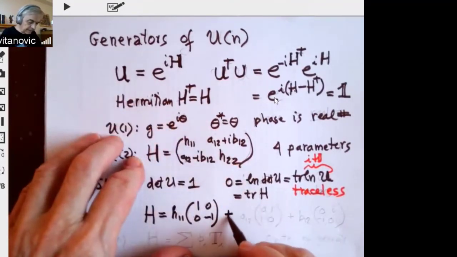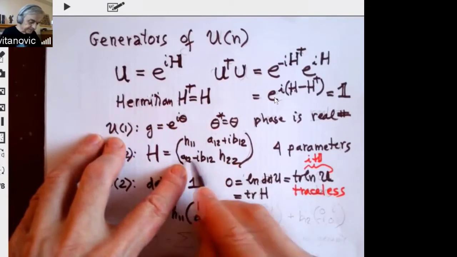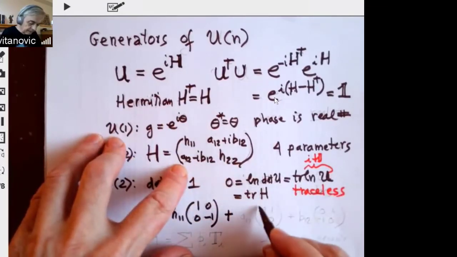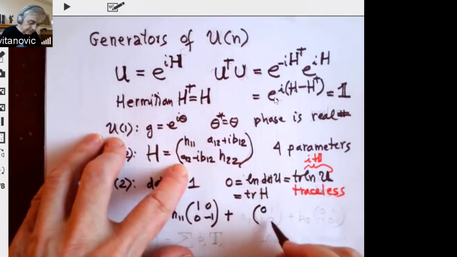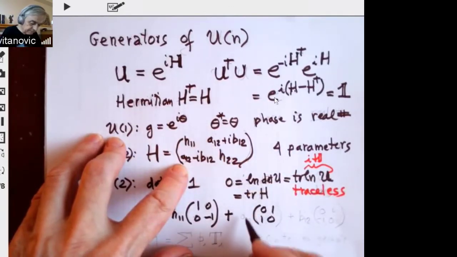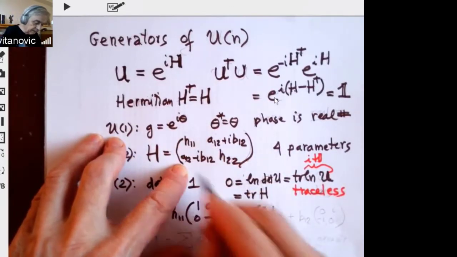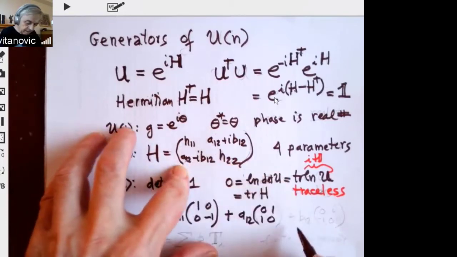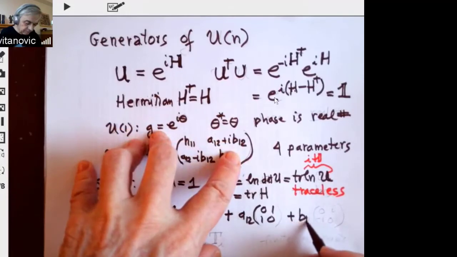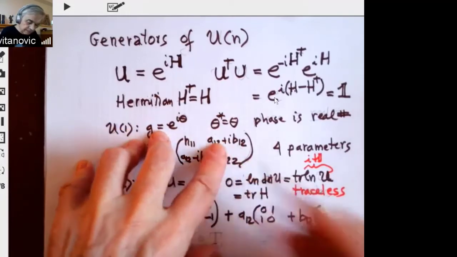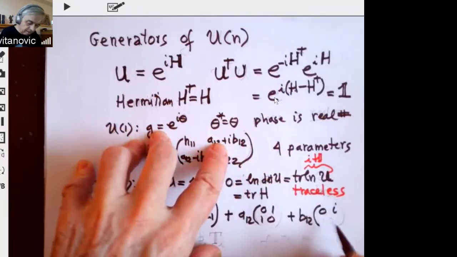Then I have to add something that's the same on the off diagonal. That's this part. And then I have to add another real number, b12. But now it multiplies I here, minus I here.